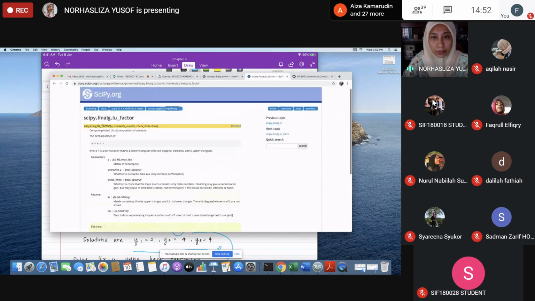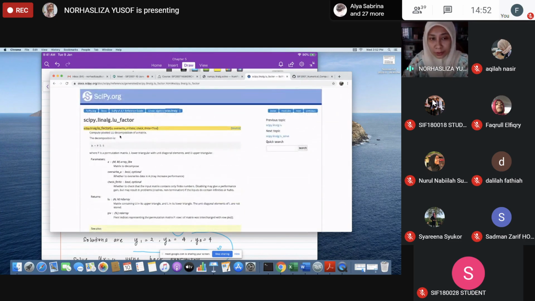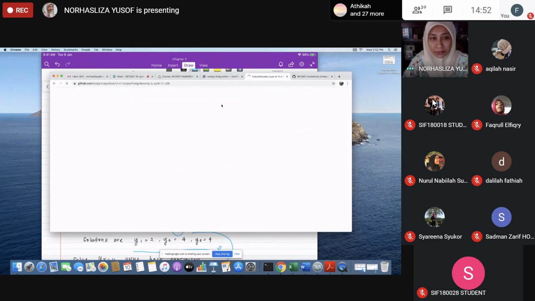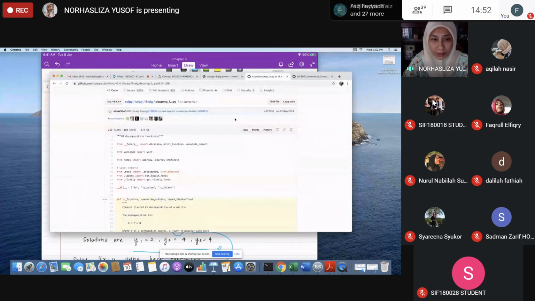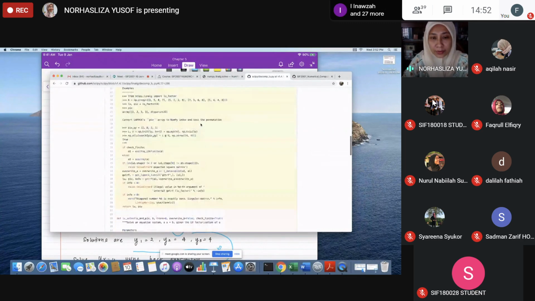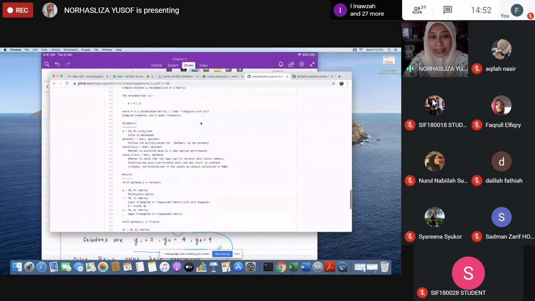If you want to see the code behind it, you just click source. These are the sources that people have contributed to write the LU decomposition. You can see it's a very long code because they want to make it general.